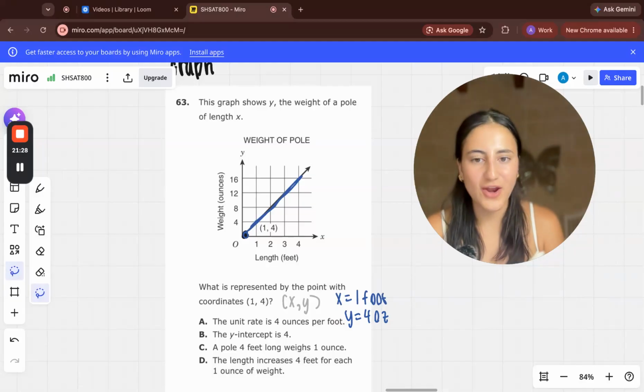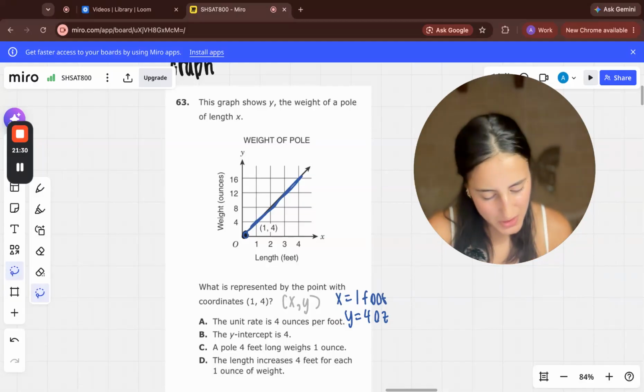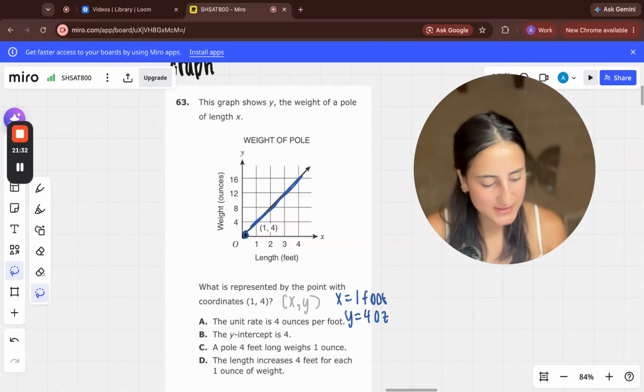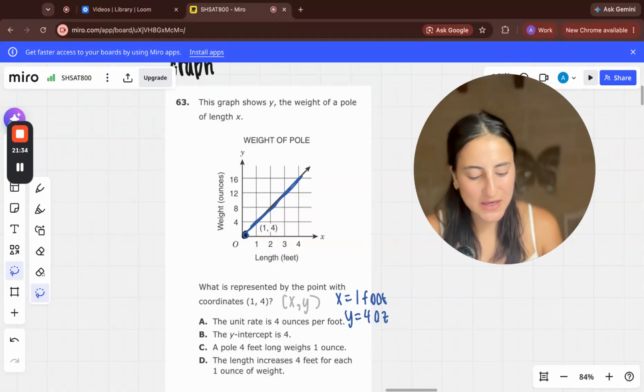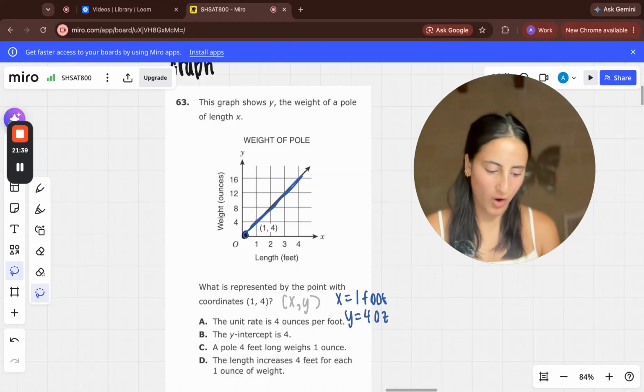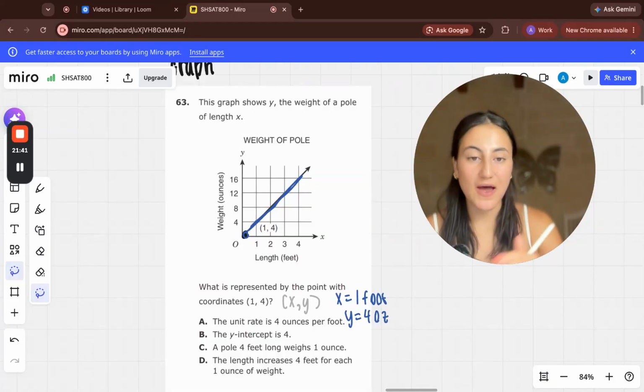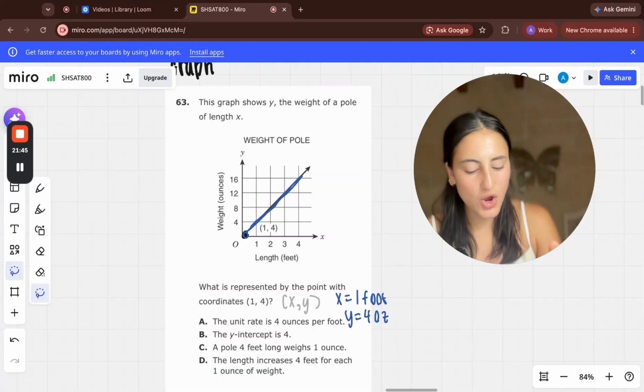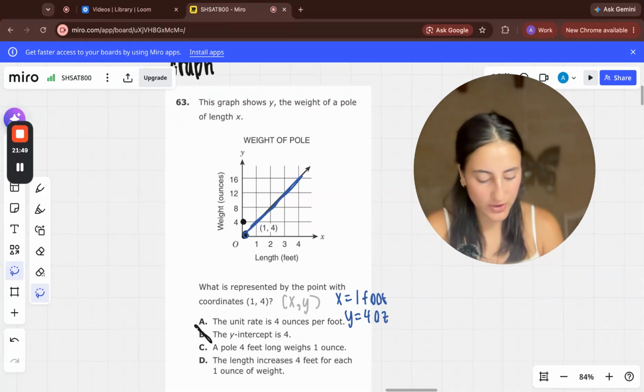Oh, weight, not width. I think before I said width. Now let's see what answer choices we can immediately eliminate. It says the y-intercept is 4. Wrong, because the y-intercept is the value of y when x is 0, and in this case, x is 1. Also, you can see that the line doesn't start from 4, so B is incorrect.